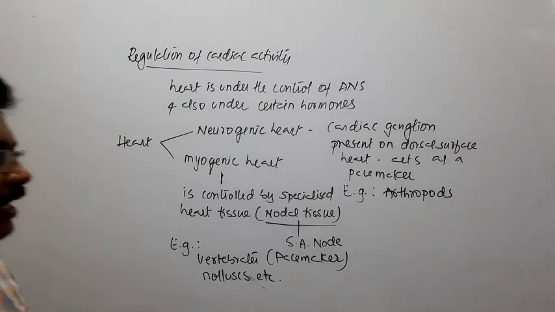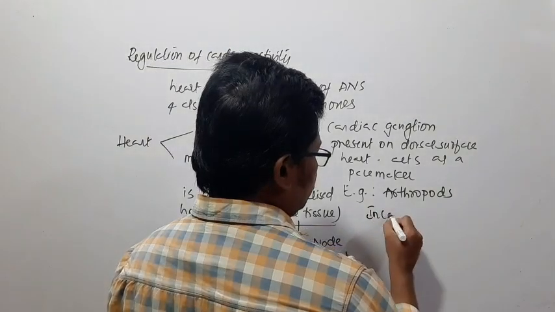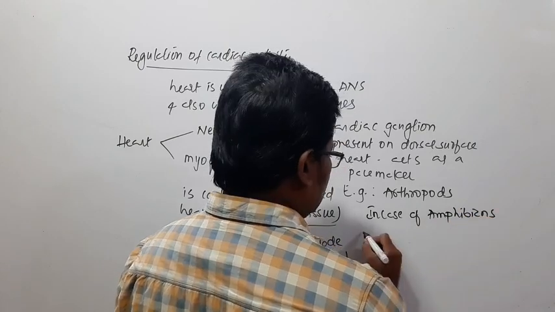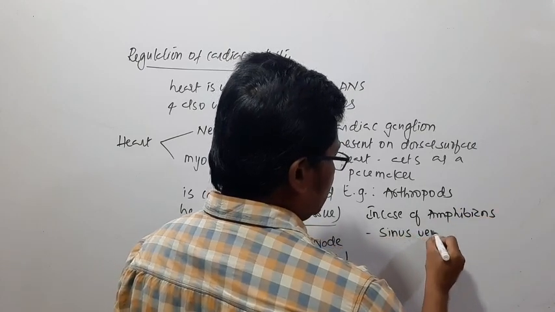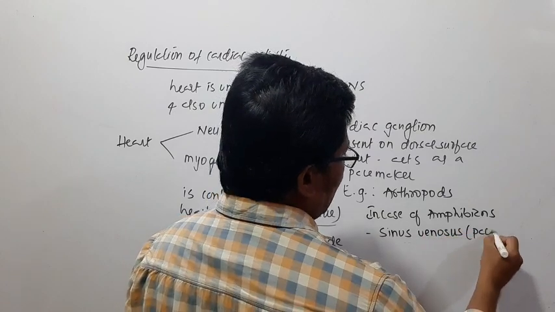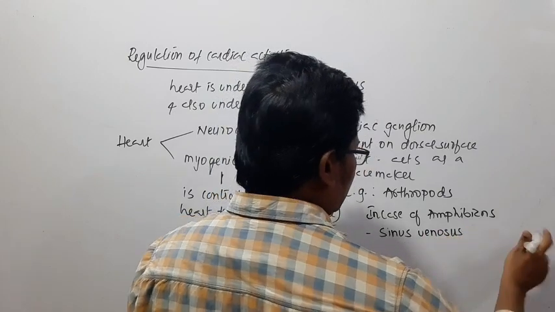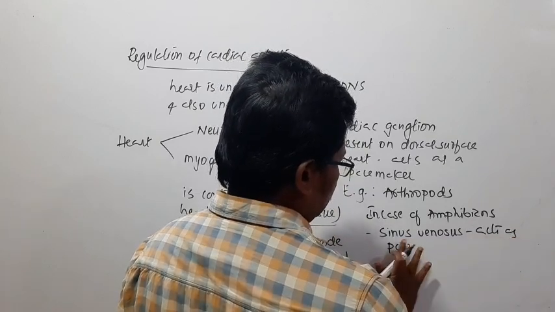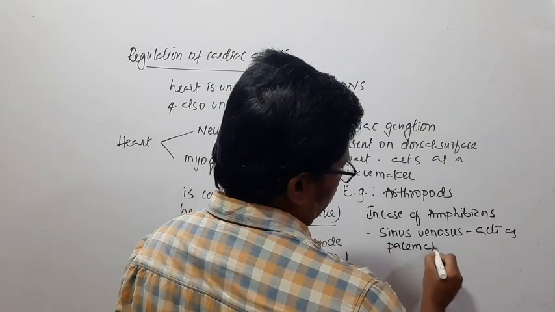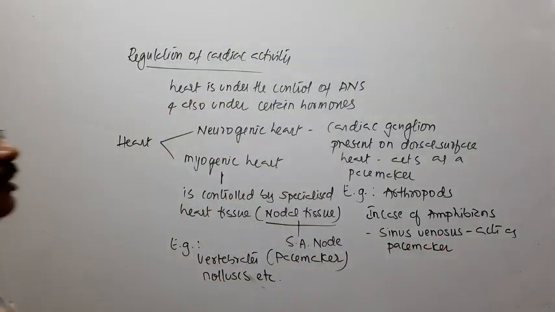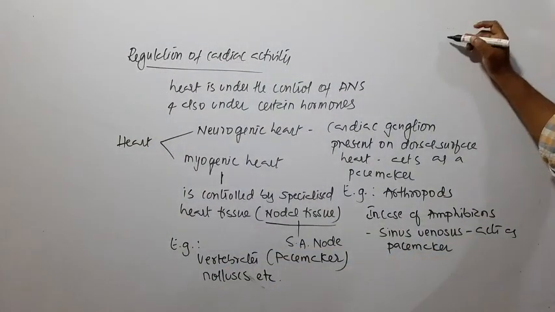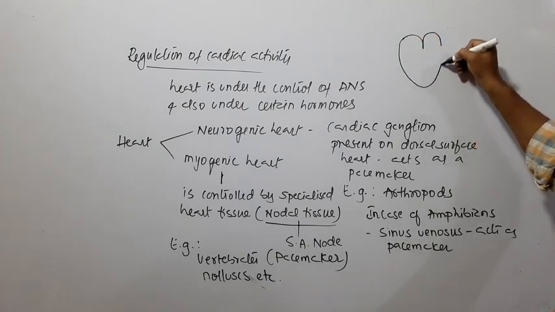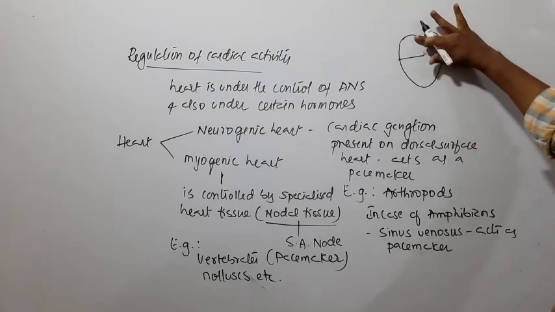Now one more point, in case of amphibians, there is a structure called the sinus venosus, and this acts as the pacemaker. So how do we see that in the amphibians? We know amphibians have the three chambered heart.